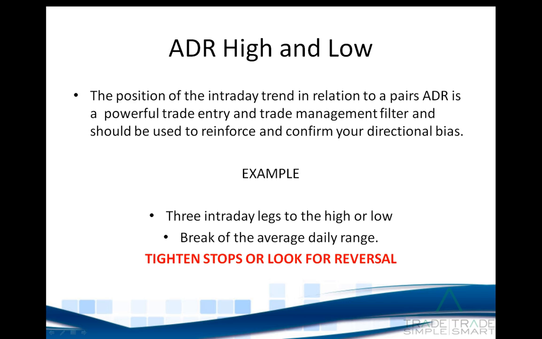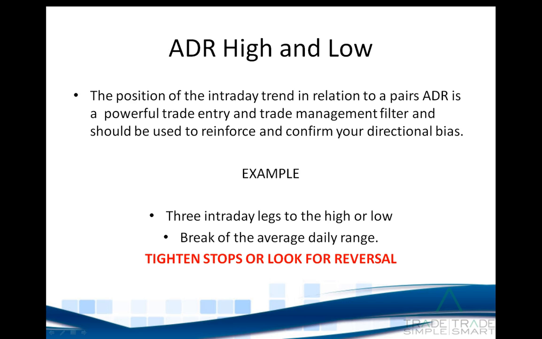Okay, because we've met 2 criteria and 2 technical filters that are telling us that the trend in which we are in is highly likely to end. And it would be the exact same in a bear market if we had taken a short during the London session and then we had seen 3 legs to the low, and the average daily range for the market had been penetrated or had been met, and we were about to enter into the New York session.